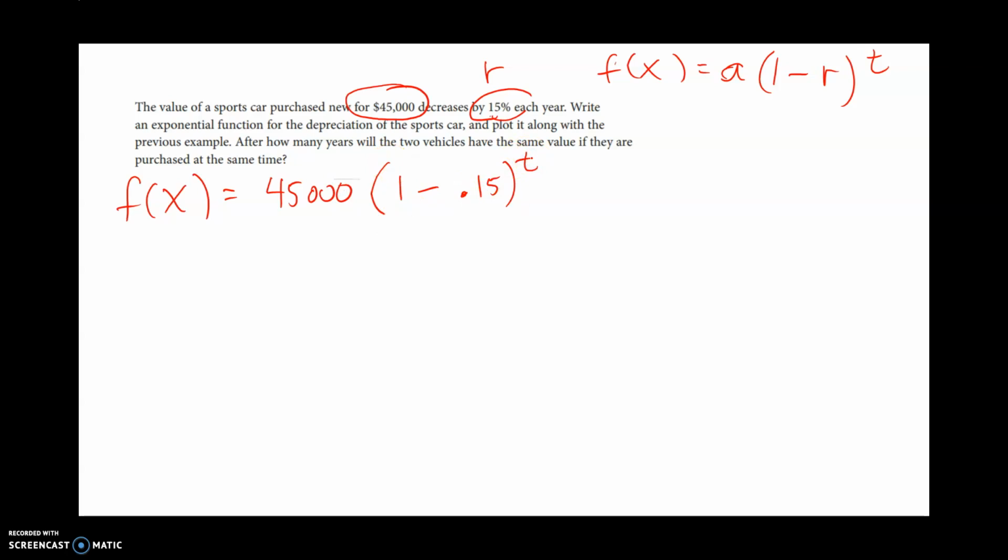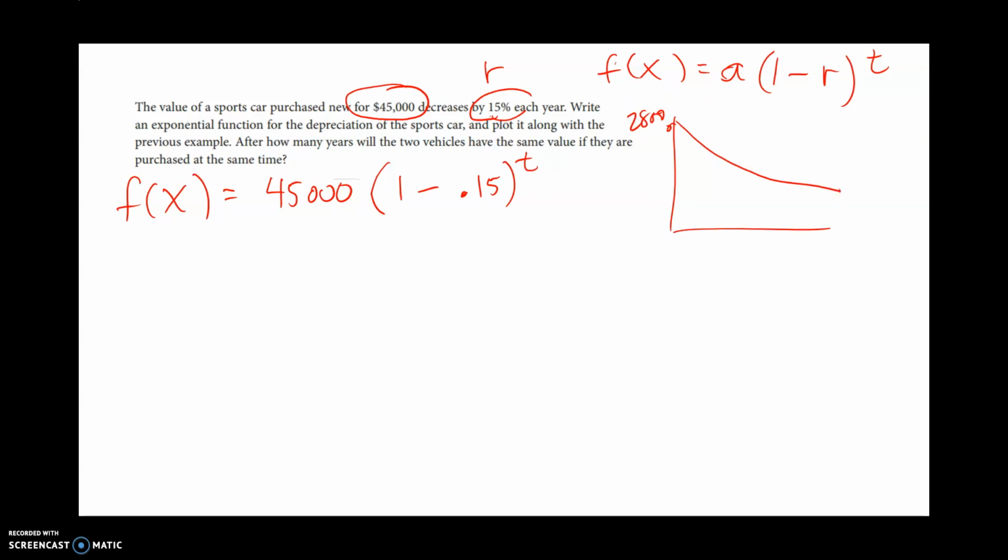Now it says, after how many years will the two vehicles have the same value if they're purchased at the same time? All right, here's what we do. We already have the graph of the first car that we did here, right? So roughly, it started at 28 and it did something like this. So we're just roughly putting it up there.